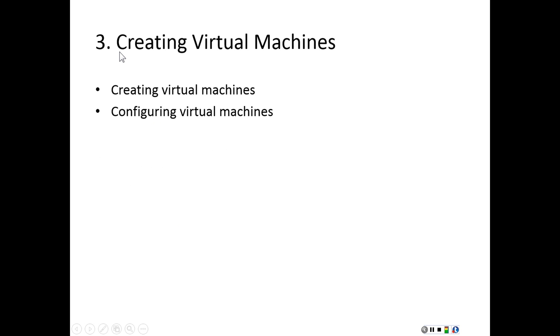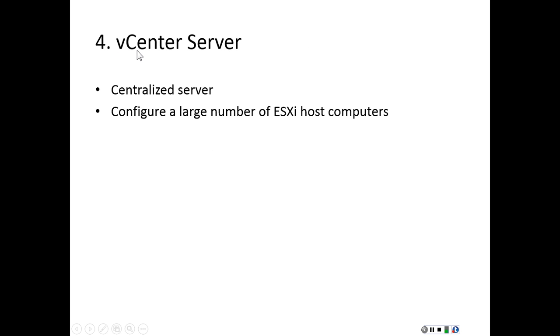And then in Chapter 3, we get right to it. We create virtual machines, and we configure virtual machines. Chapter 4, vCenter Server. vCenter Server is a centralized server that allows us to configure a large number of ESXi host computers.